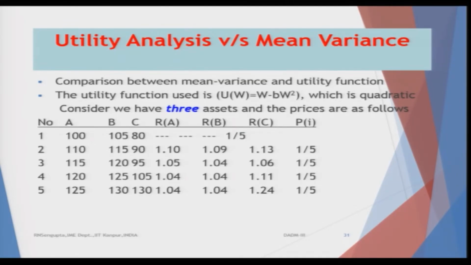Now, what we need to find out are the returns. So, we will consider the absolute returns, which for A would be 110 minus 100 by 100. Similarly, for the next case it would be 115 minus 110 by 100 for A only, and based on that you find out the returns for the investment A. Similarly, you find out the returns for investments B and C accordingly.